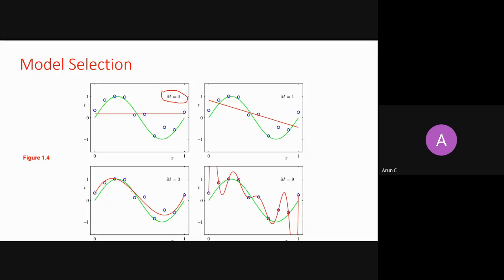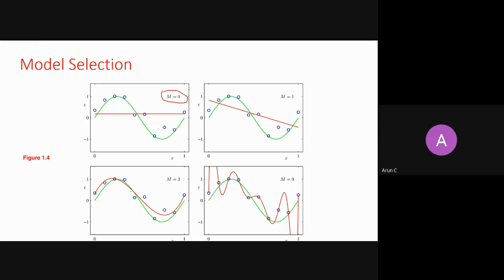And for degree 3, this is the best curve. Just for illustration purposes, if I had magical power and chose a model of degree 3, I would be very near to my sinusoidal function, which I never know, right? I told you in the beginning of this course that you don't know the true function. You can always see these blue dots, but never this green one, which actually originated these blue dots.